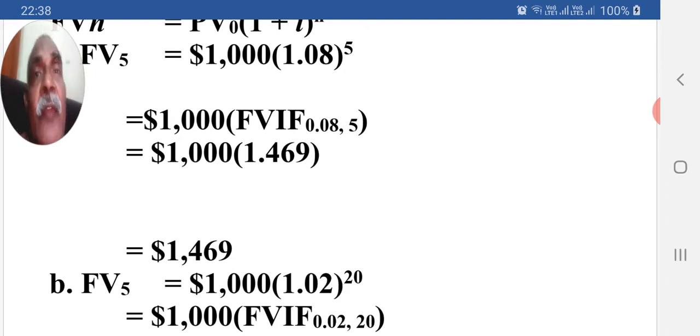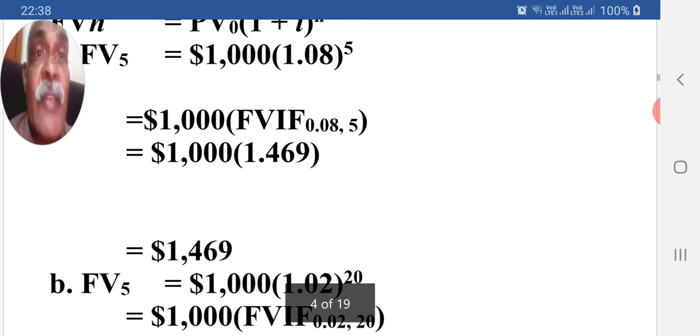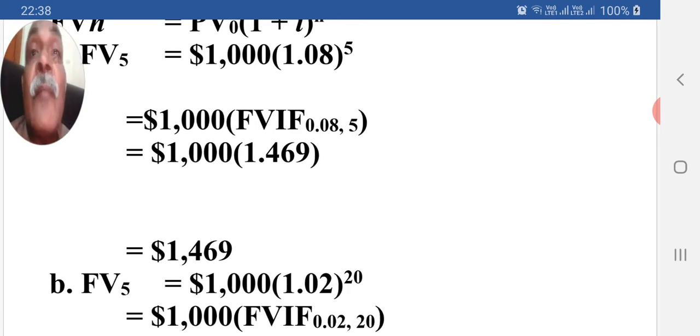It means if you invest 1000 rupees and the interest rate is 8% compounded annually, then after 5 years you will get 1469. But if the bank is giving you interest not compounded annually but compounded quarterly, then how much will the bank give you? What will be the formula? Simple.